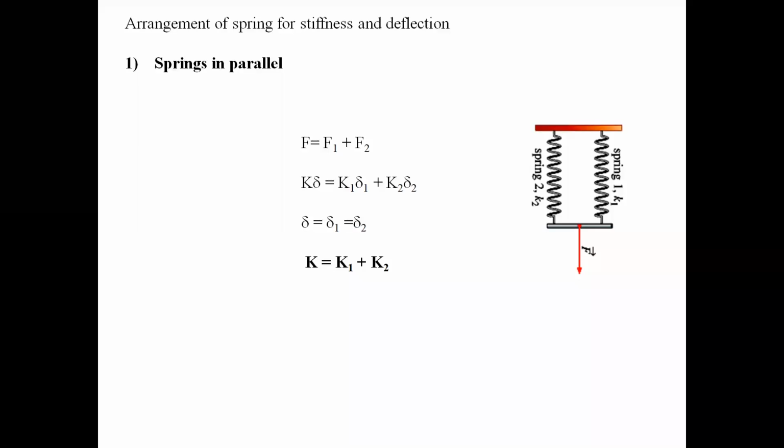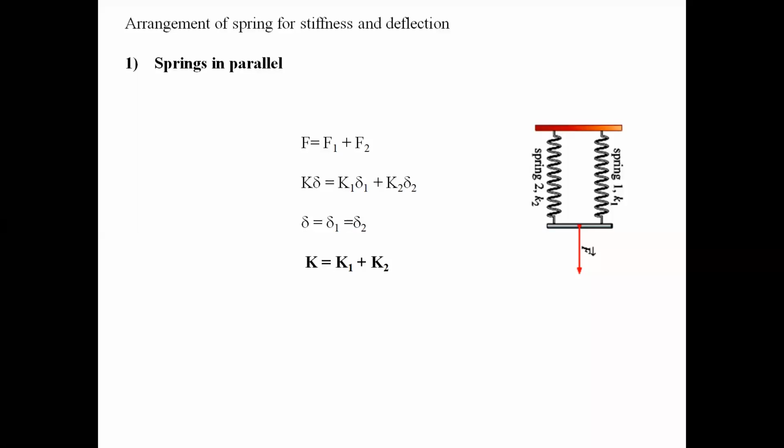You can find two springs in parallel in our two-wheeler suspension system. So what is the effect on stiffness, and what is the relationship between the stiffness of springs when these arrangements are provided? That's why, for the arrangement of springs for stiffness and deflection, we are going to study these equations here. So, springs in parallel.